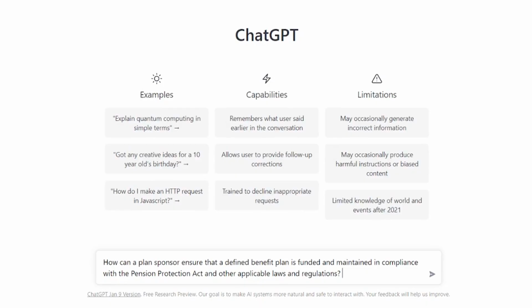How can a plan sponsor ensure that a defined benefit plan is funded and maintained in compliance with the Pension Protection Act and other applicable laws and regulations? Woo! Okay, to answer the question, how to best ensure that your cash balance plan is funded according to PPA, it's twofold.